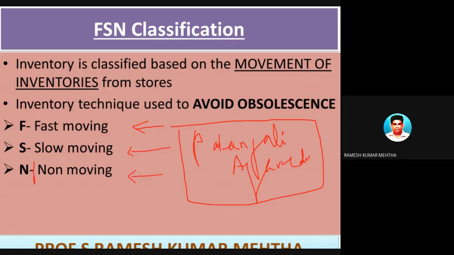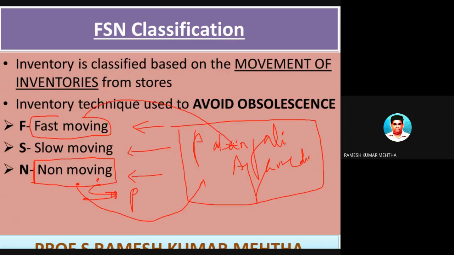If there are some elements which are non-moving, then he will bring it to the notice of the manufacturer and tell that these particular products are non-moving, so stop producing them. Whereas for fast moving, he will bring it to the notice of the manufacturer that these are fast moving, and he will place a bulk order for this particular product.